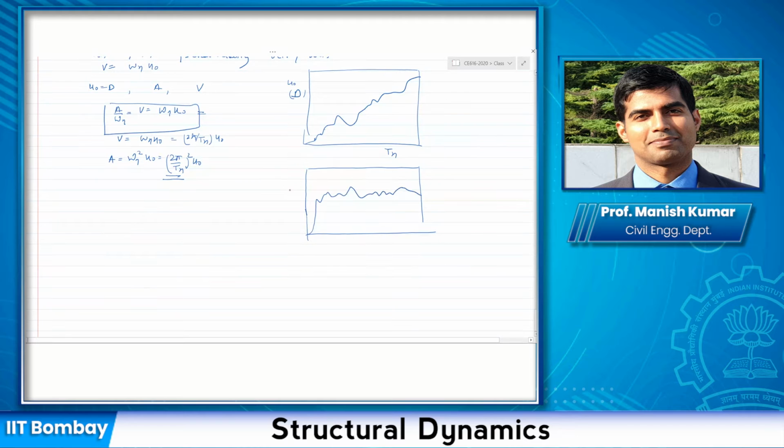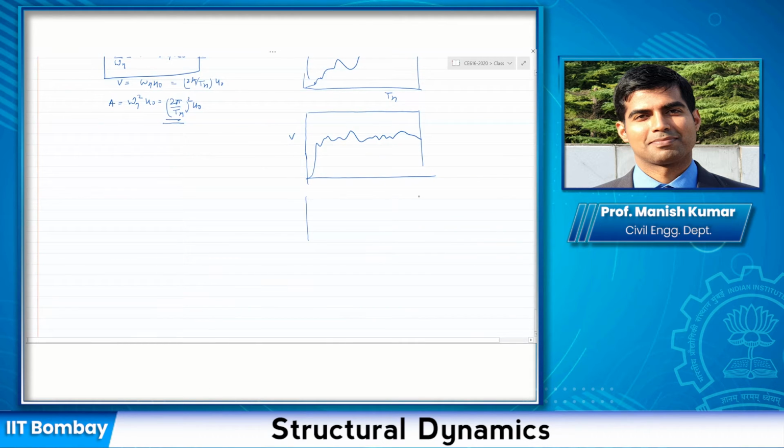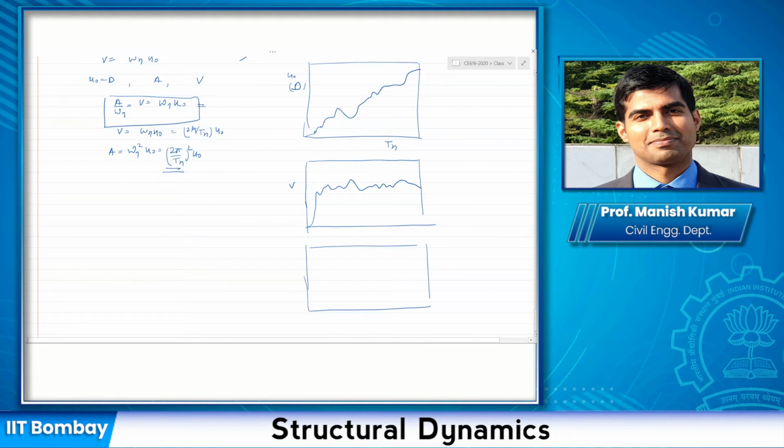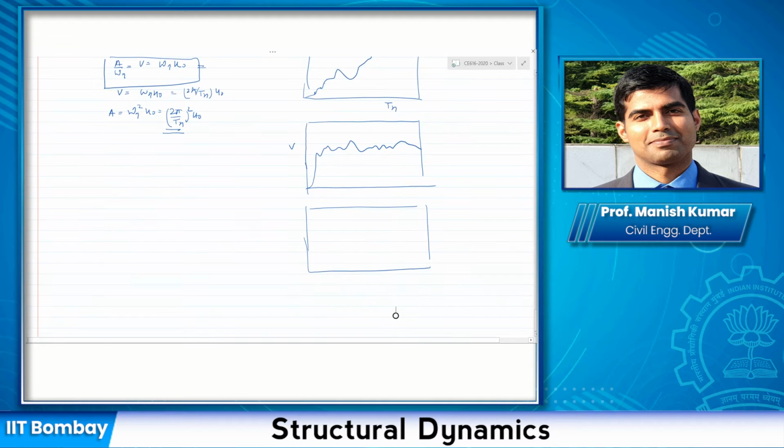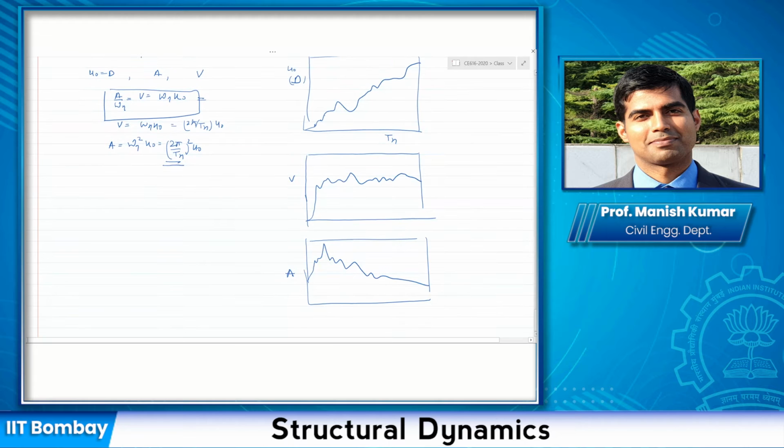So this is the velocity response spectrum. I can also get the acceleration response spectrum by multiplying either this with 2 pi by Tn square or this by 2 pi by Tn, and it looks something like this. This is the pseudo acceleration response spectrum. So this is how we get the three response spectra.